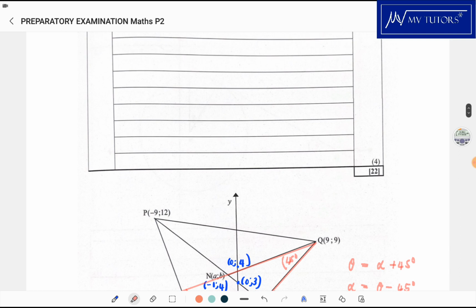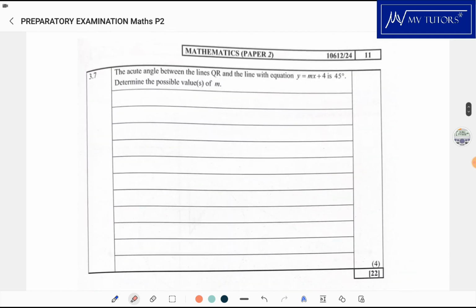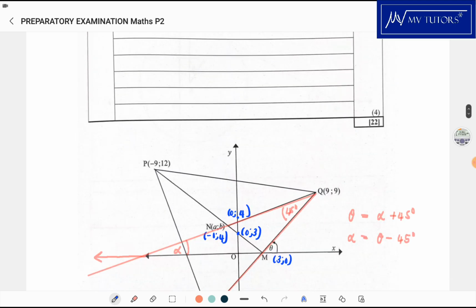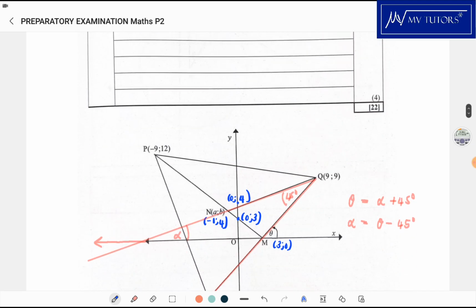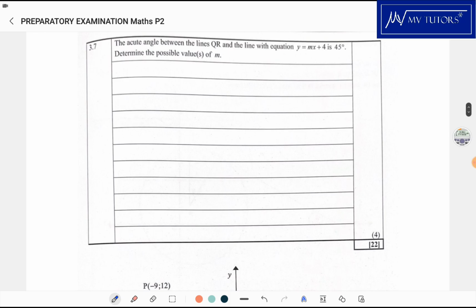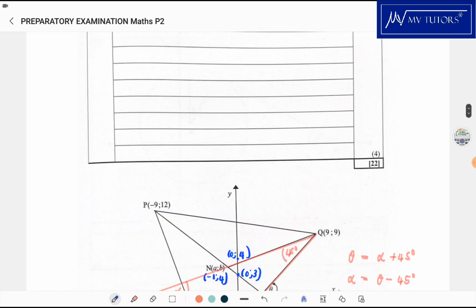I should be writing all these things down somewhere. Okay, let's go write it down there. So basically, let's start from the beginning. The angle of inclination for the line, we need to guide our markers, right? So the angle of inclination for the line y is equal to mx plus 4, that would be alpha.